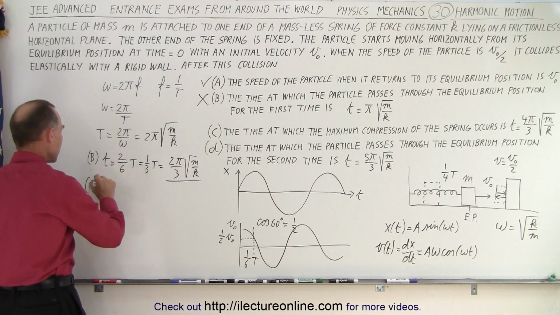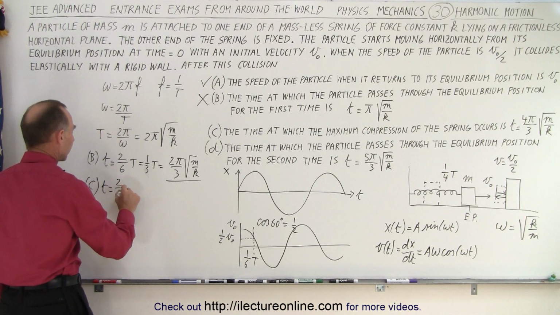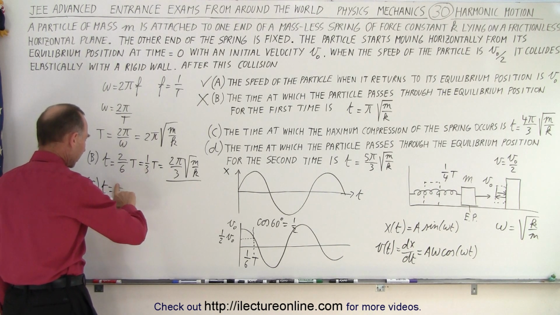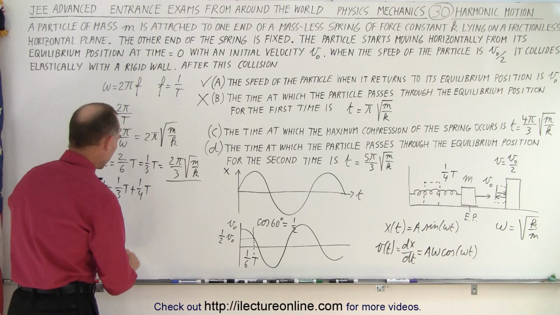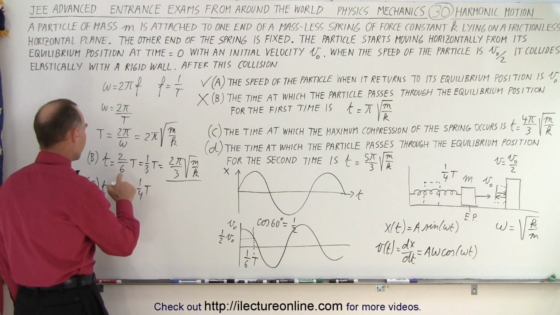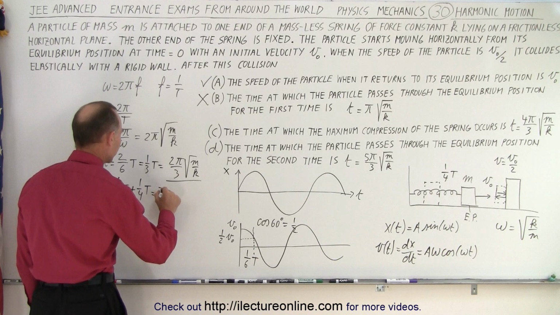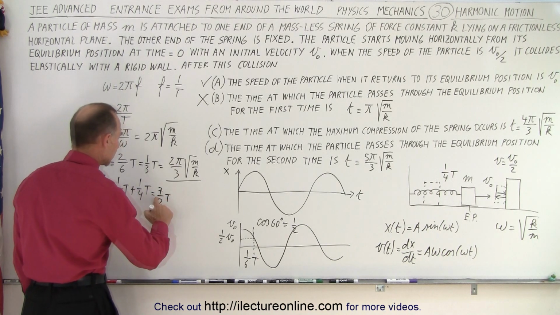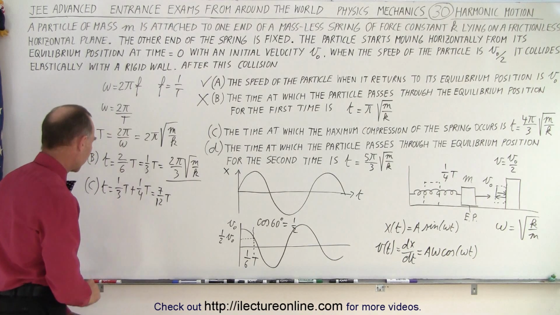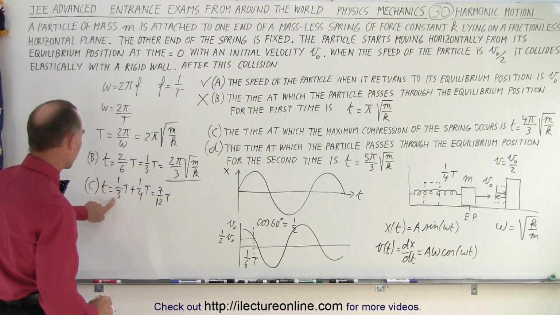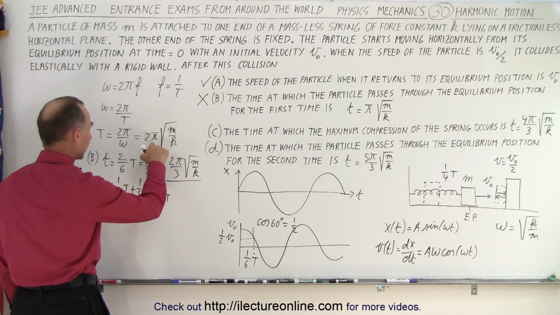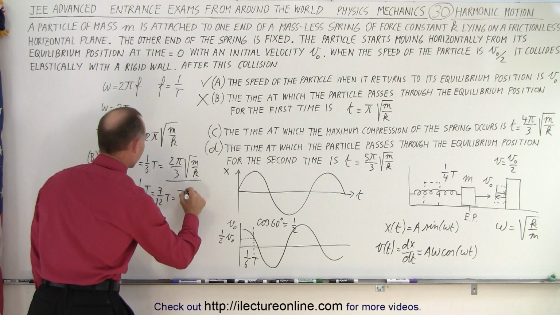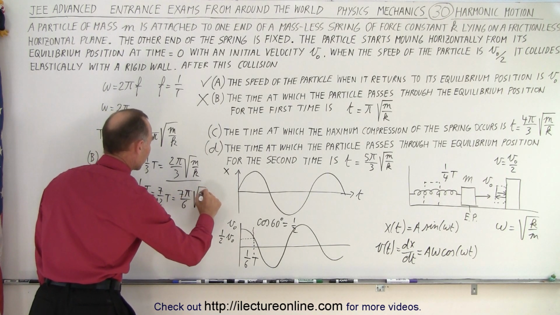So for part C, time is going to be 1/3 T plus 1/4 T. Well, 1/3 and 1/4, that would be 4/12 plus 3/12, which is equal to 7/12 T. And T is equal to 2 pi times the square root of m over k, so that would be 7 pi over 6 times the square root of m over k.